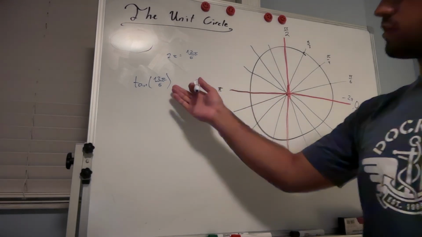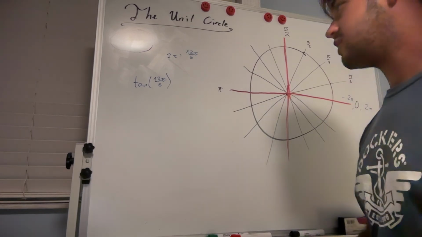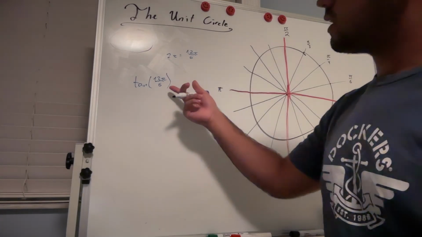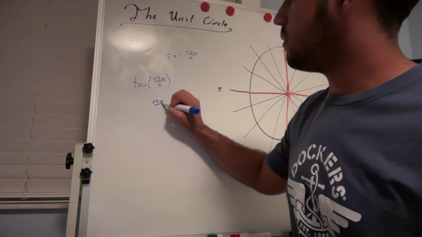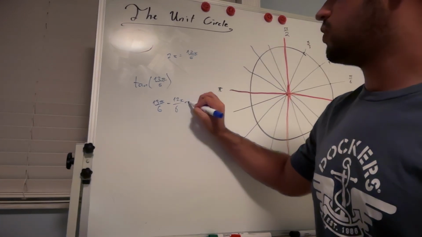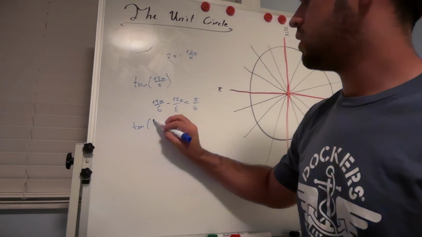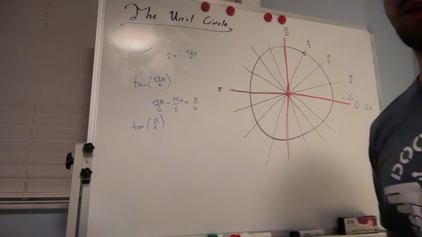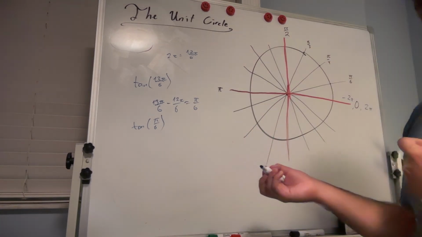So if I were tasked to find the tangent of 13 pi over 6, what I would do is take this angle and subtract 2 pi, which I know is 12 pi over 6, which means that I'd have pi over 6. So I'm really finding the tangent of pi over 6. And when I do that, I'm going to think of the unit circle.